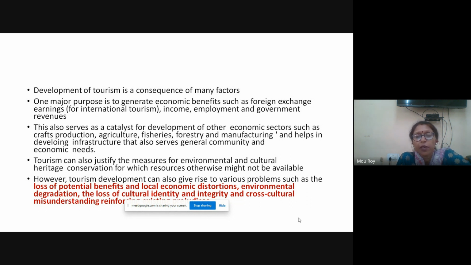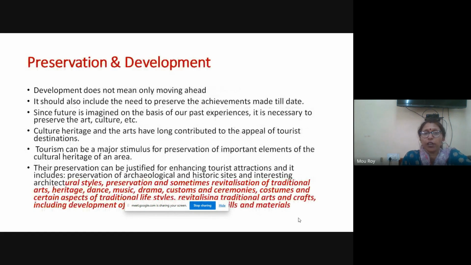So tourism development can give rise to various problems: loss of potential benefits, local economic distortions, environmental degradation, loss of cultural integrity, cross-cultural misunderstanding. You have to take measures that it is not being degraded. There should not be any negative impact on the environment.